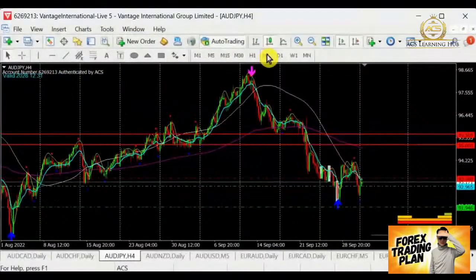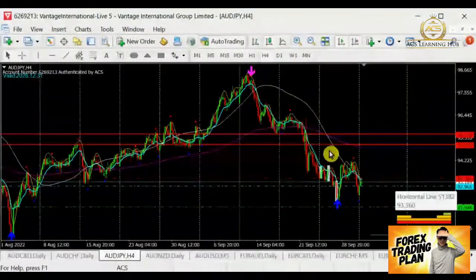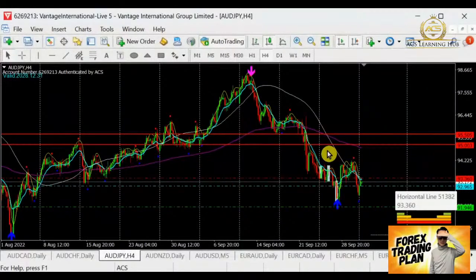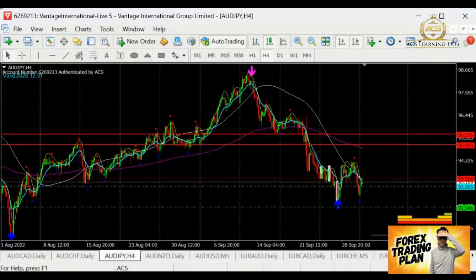It's not really very good yet, but I'm going to put this into my selling list, so that later I can see if there's a chance to sell. When it hits the resistance without breaking, then we will go for selling.